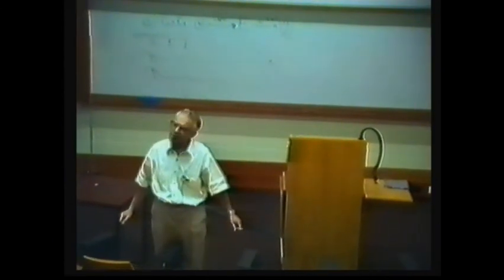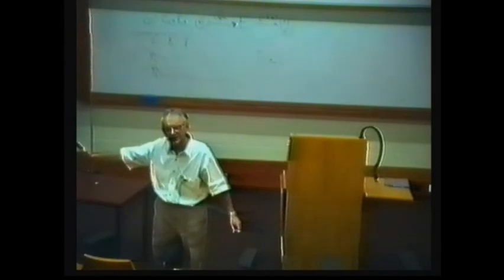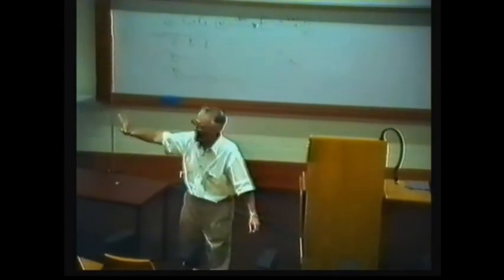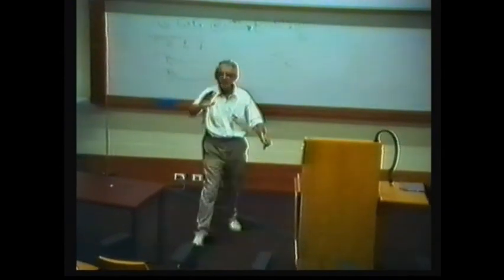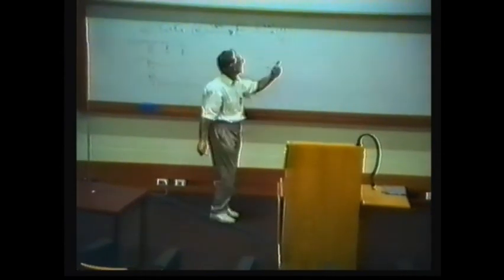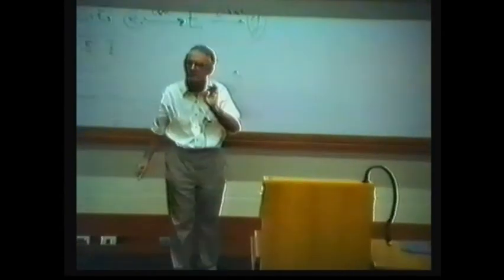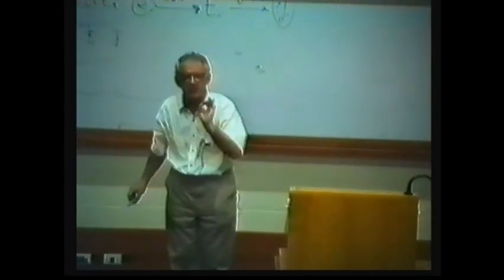Biot-Savart? No, we haven't come to Biot-Savart yet. It's magnetics. It's another country, another author. So we have a second field, and there is the fundamental principle of charge conservation.